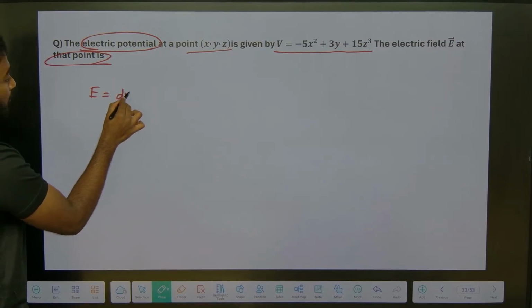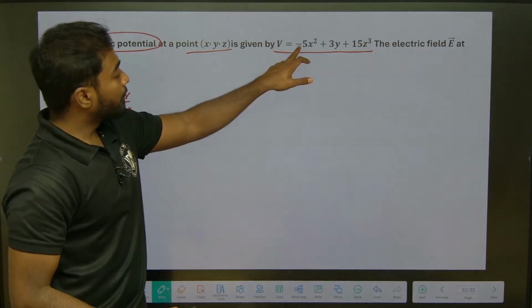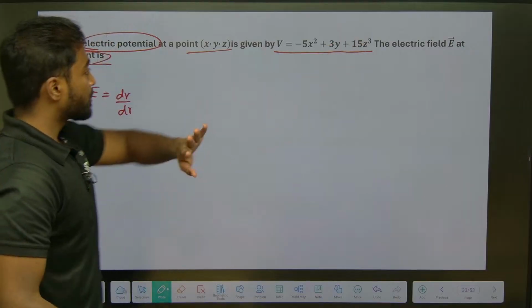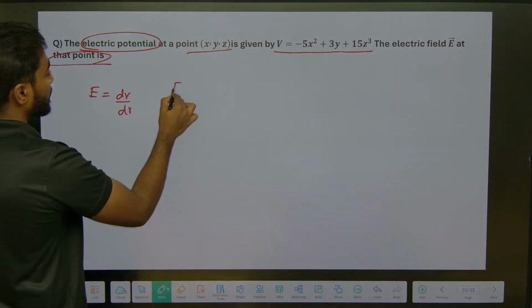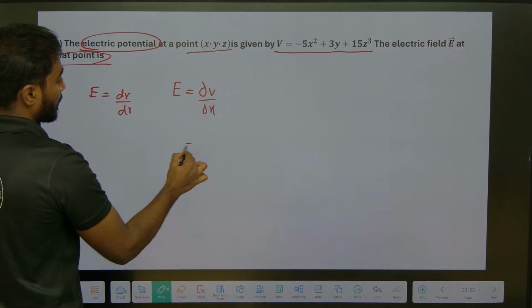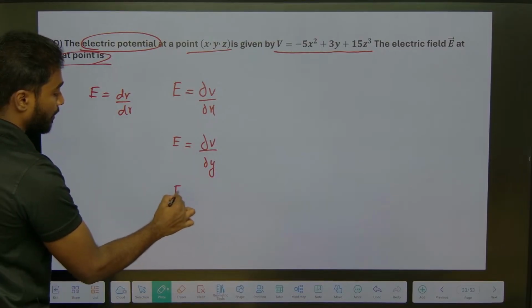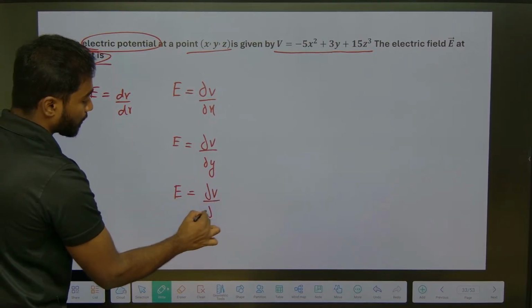When we talk about this question, it is in terms of x, y and z, so we can do partial differentiation. Ex is equal to minus dou V by dou x, Ey is equal to minus dou V by dou y and Ez is equal to minus dou V by dou z.